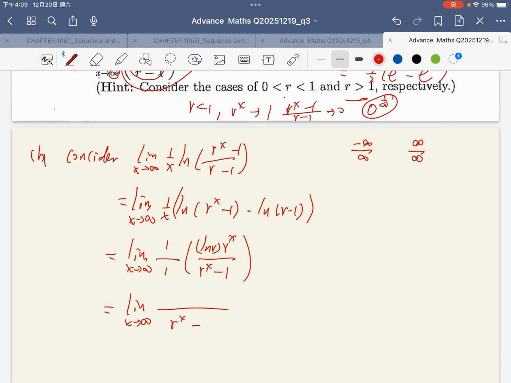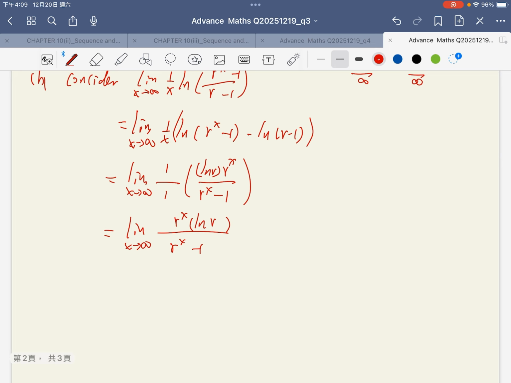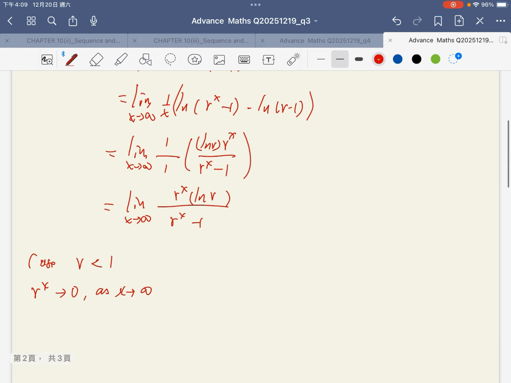In this case, we have to consider the case of r greater than 1 and r less than 1. Case 1: if r less than 1, then r to the x tends to 0 as x tends to infinity.